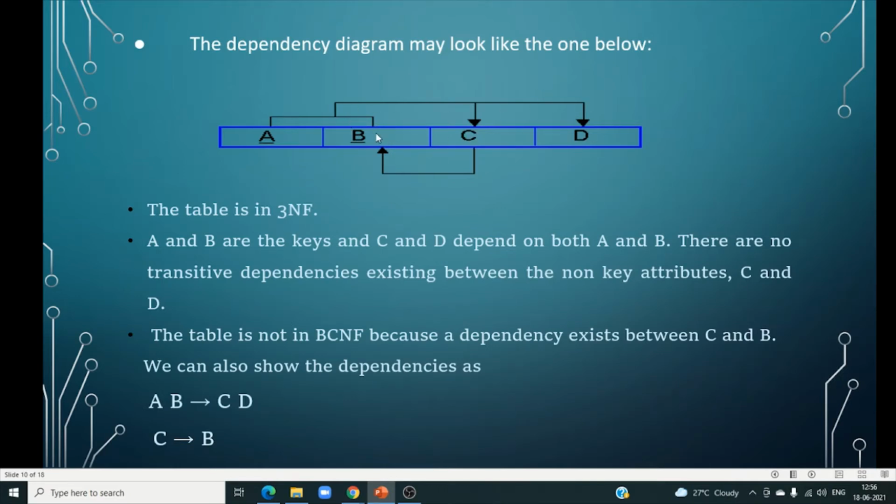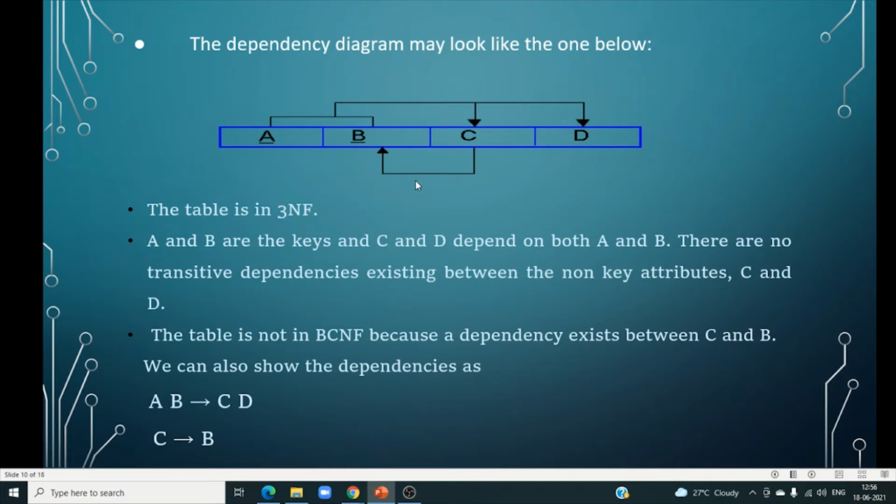C and D are determined by the combination of A and B. That is okay. But here is another dependency. Here A and B are the key attributes and C, D are the non-key attributes.